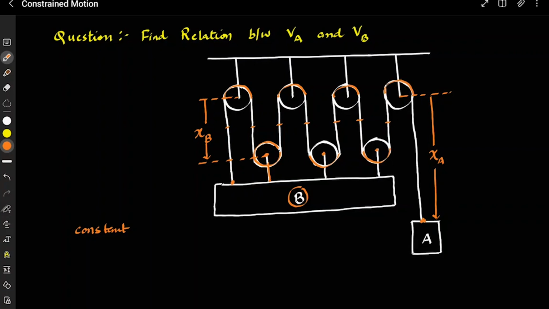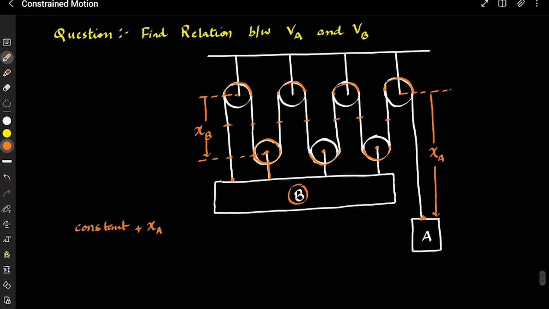So these are all constant lengths, and constant plus XB, how many times? 1 time, 2 times, 3, 4, 5, 6, and 7 times. So 7 times XB plus 1 time XA will give me the total length of the string.